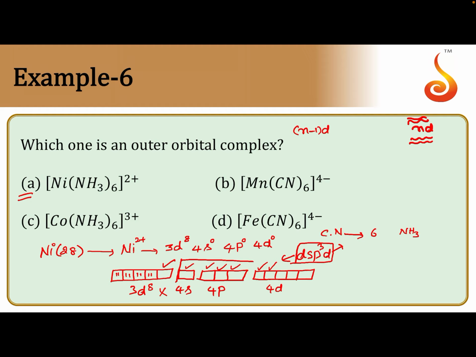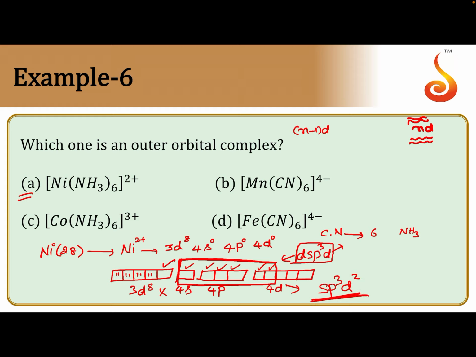So even though ammonia ligands are strong field ligands, due to a lack of sufficient empty 3d orbitals, 2 empty d orbitals participate from the valence shell 4d only. That's why the type of hybridization here is sp3d2.